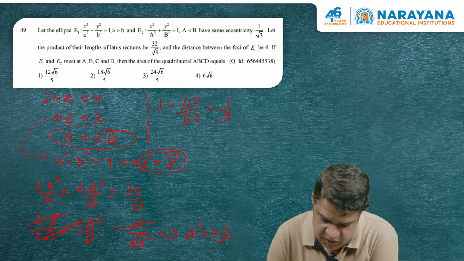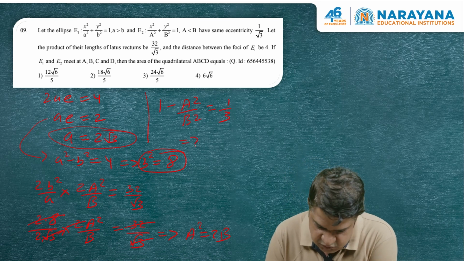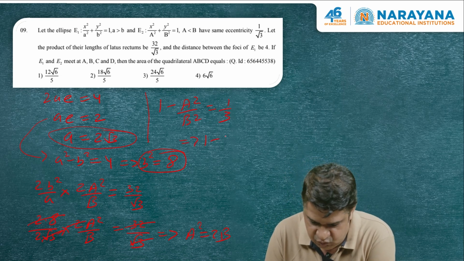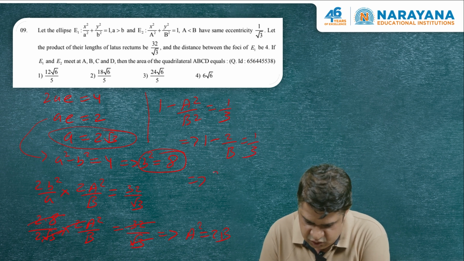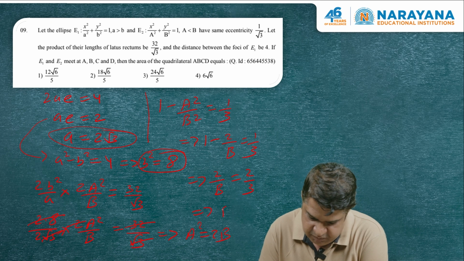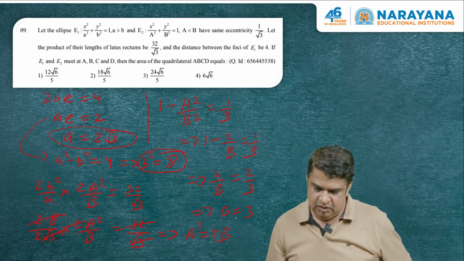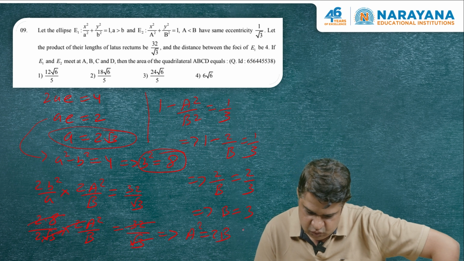So, eccentricity squared will become 1 by 3, but now A squared is equal to 2B. So, 1 minus 2 by B is equal to 1 by 3. So, your 2 by B will become equal to 2 by 3. So, capital B will become 3.